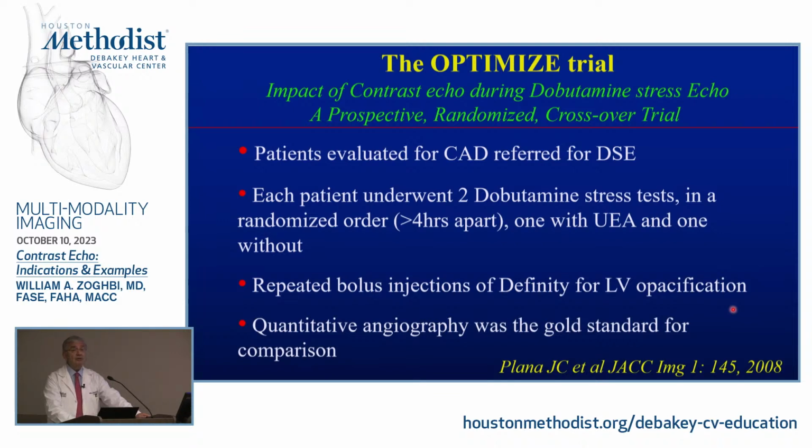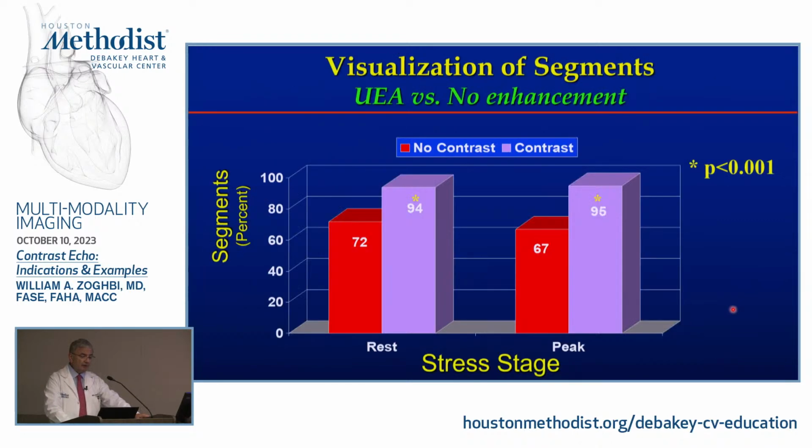Yes, we could have done one interpreted before using contrast, but the problem with dobutamine is you have to continue infusing it, so you'll have an additional 3 minutes or so, and it's very hard to take that factor out of the equation. So we wanted to use 2 dobutamines and see whether you would improve overall interpretation.